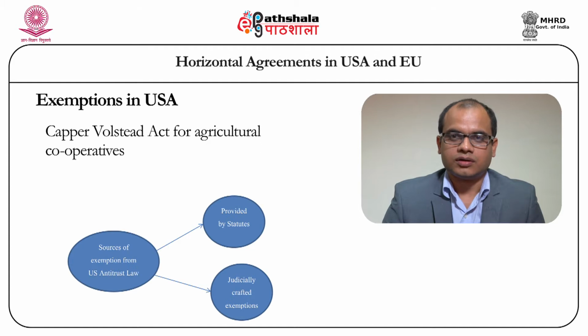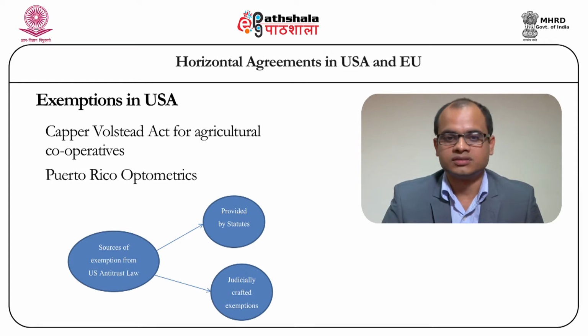If we take an example of a case law here, the Puerto Rico optometrists group case was a classical case of price fixing conspiracy. In this case, a not-for-profit association of optometrists practicing in Puerto Rico, a group of about 500 members, was alleged to be violating the antitrust rules.